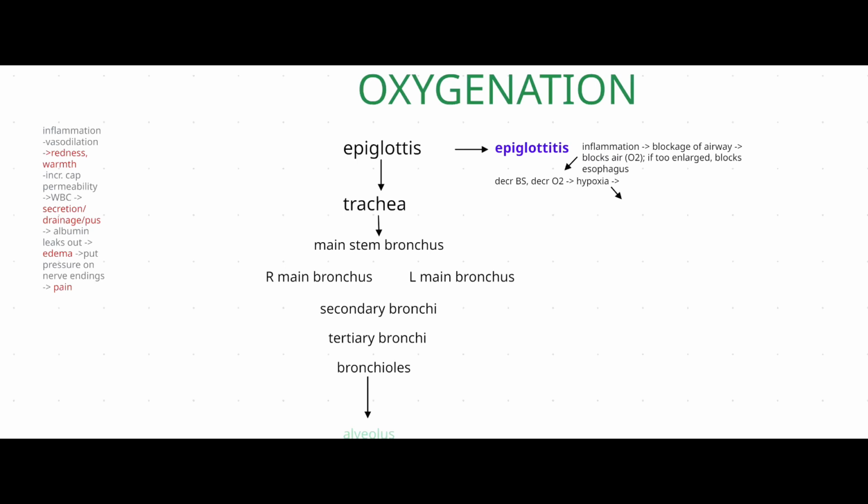So all this is the first sign of hypoxia, okay? So when we have these issues, this is what we look for in epiglottitis. So I'm going to highlight that red. That's one of the first things you look at.